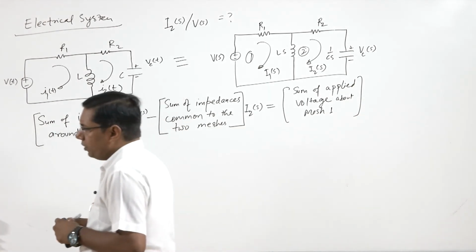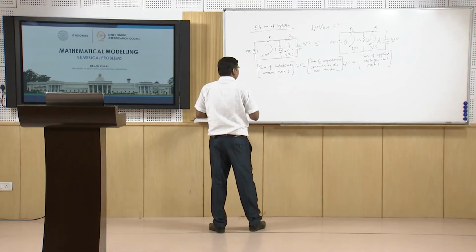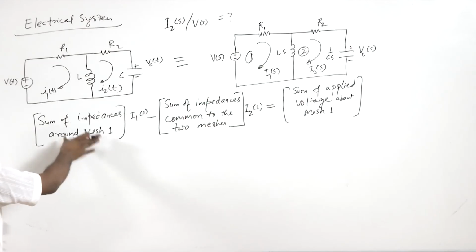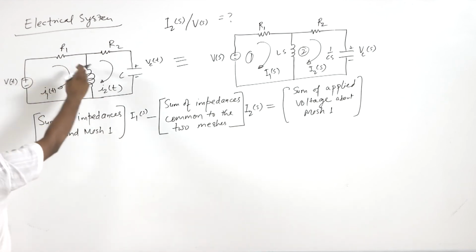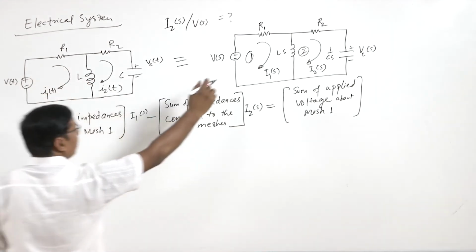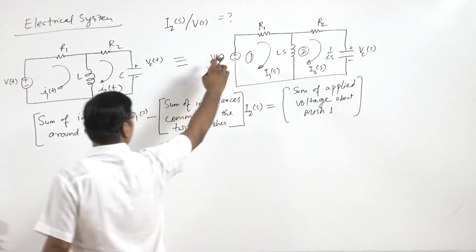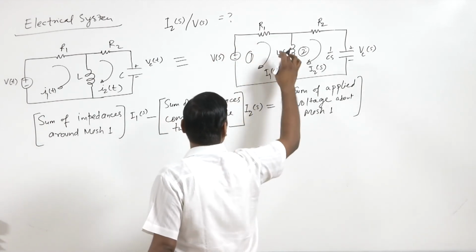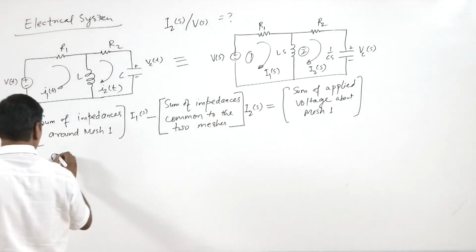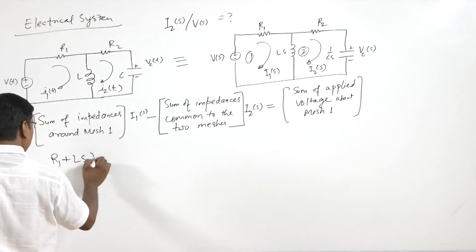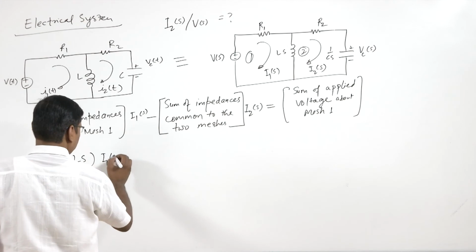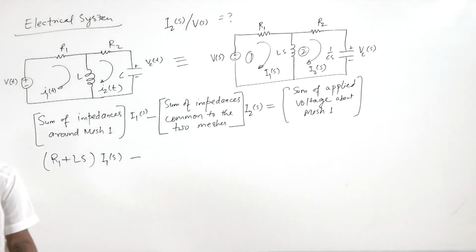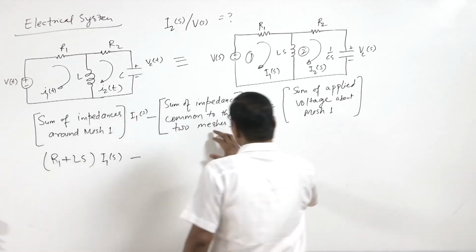What is the impedance around mesh 1? R1 and Ls. So R1 plus Ls, into I1(s), minus the sum of impedances common to the two meshes.